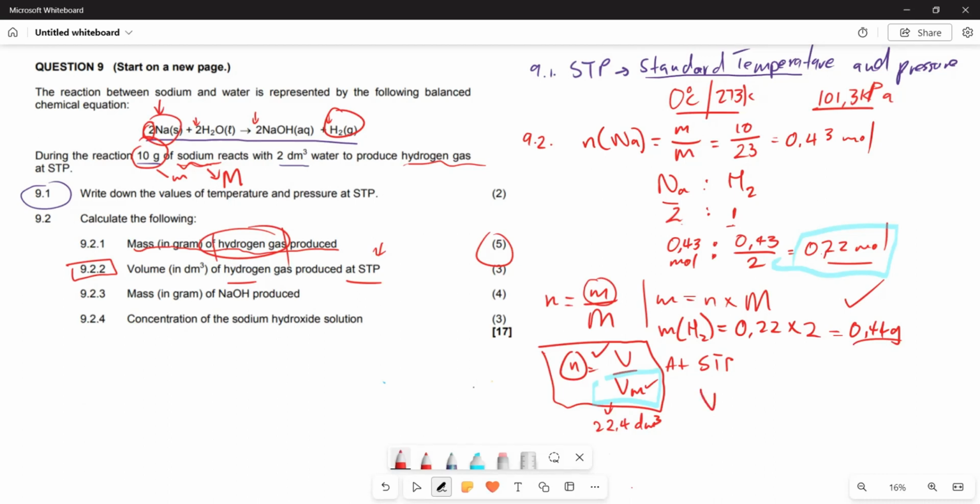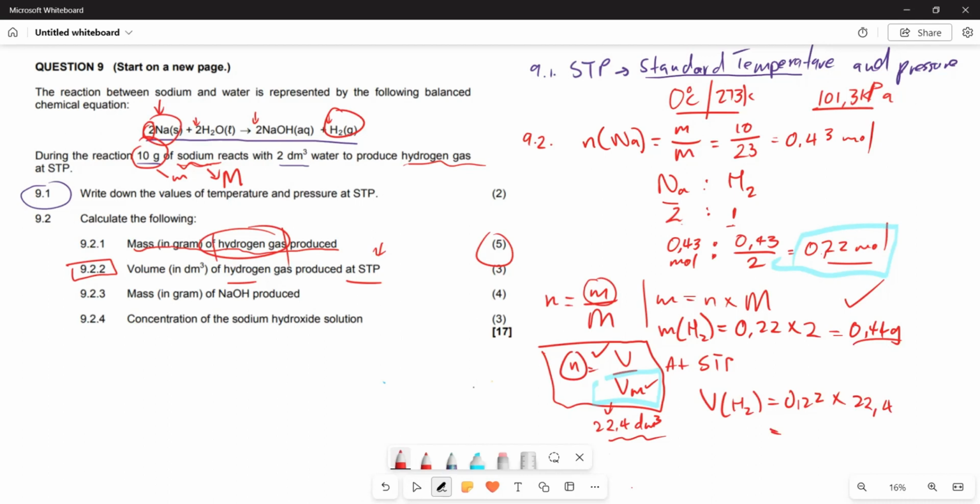So the volume of your hydrogen gas is going to be given by the mole, and the mole of your hydrogen gas was 0.22 multiplied by the molar volume, which is 22.4, right? And then this one is going to give us what?